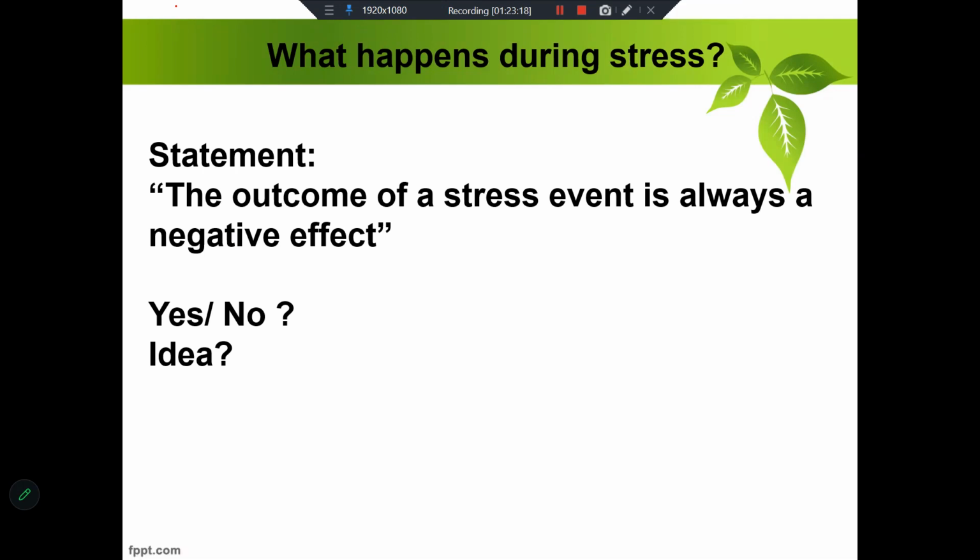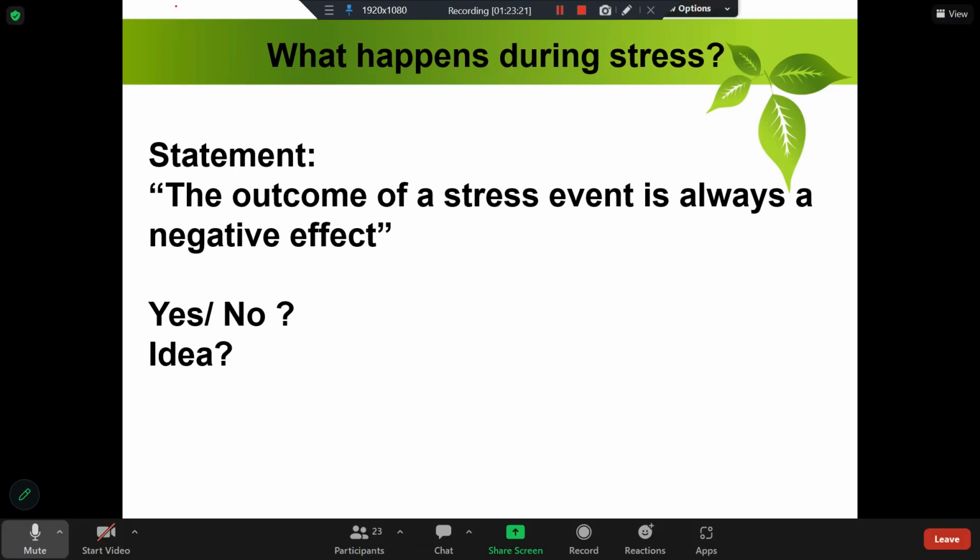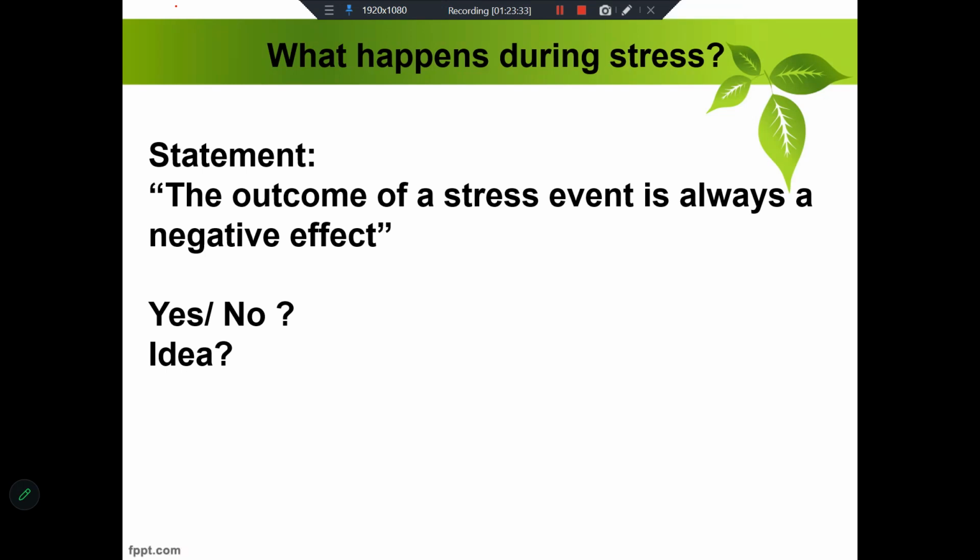Yeah, plants can develop certain methods, or they can develop certain structures that can be helpful for the plant.